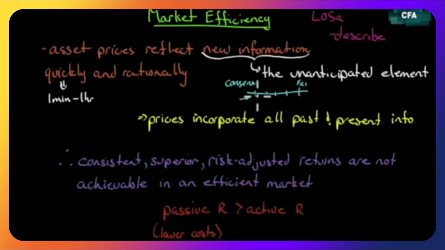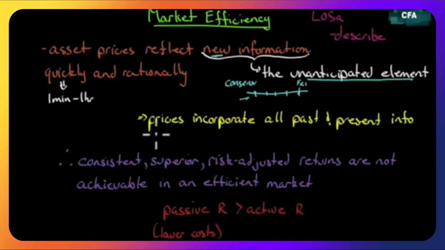The market will begin to price in the consensus opinion. If on Friday the data is equal to the consensus opinion, there is no new information to price in. However, if on Friday the data released is not the same as the consensus, we have an unanticipated element. It is that unanticipated element that will be quickly and rationally priced in.